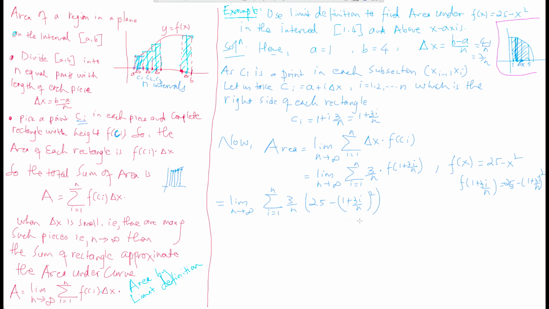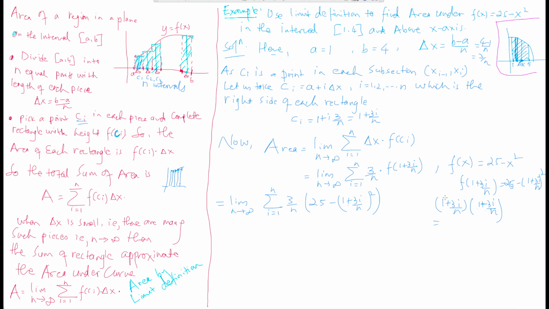Now we need to FOIL this because there is a square. So what is 1 plus 3i over n times 1 plus 3i over n? If you do that, you get 1 times 1 is 1.